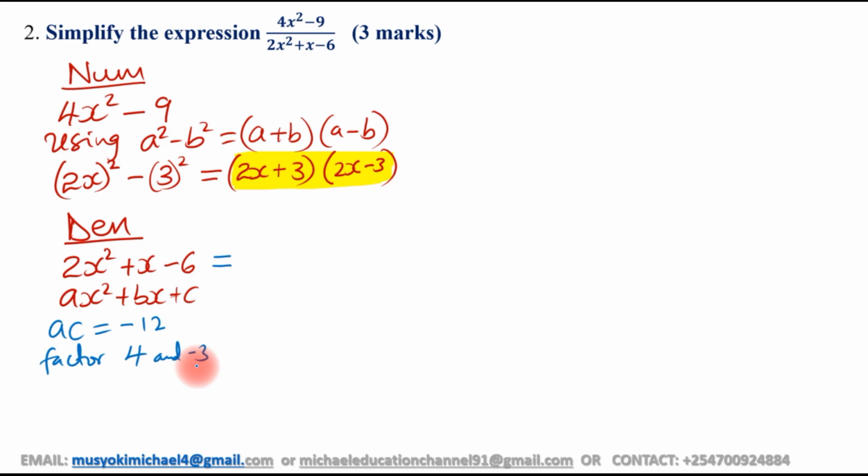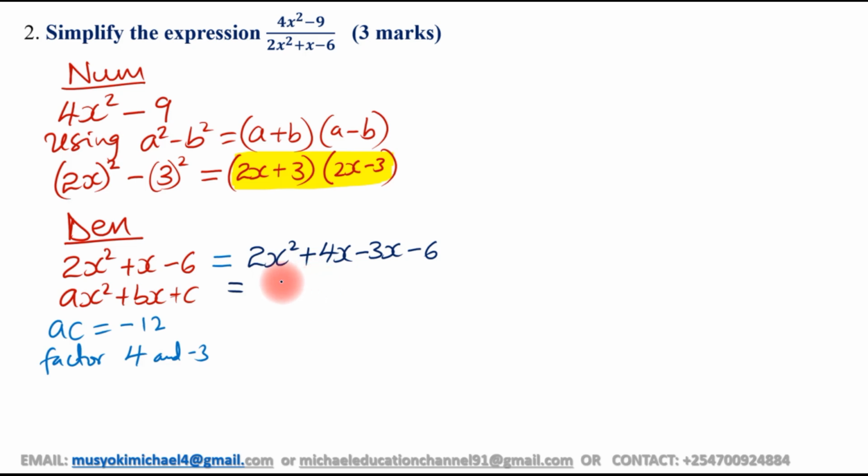So we write x in the expanded form: 2x squared plus 4x minus 3x minus 6. Remember, 4x minus 3x is the same as x, so we haven't changed anything.